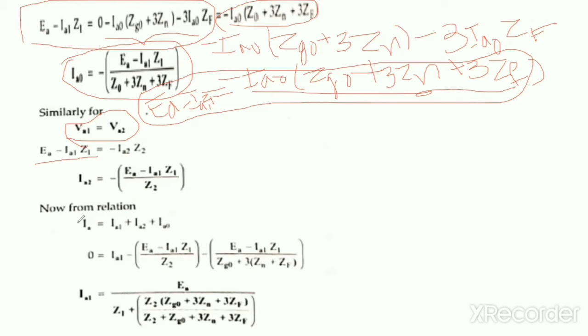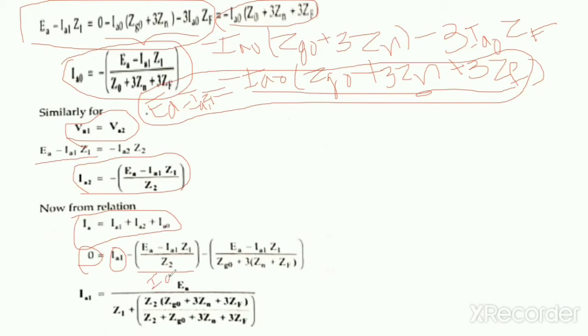Therefore, what is the IA formula? IA is equal to IA1 plus IA2 plus IA0, and IA is equal to 0. Then we substitute the IA2 value: minus of EA minus IA1 Z1 by Z2.